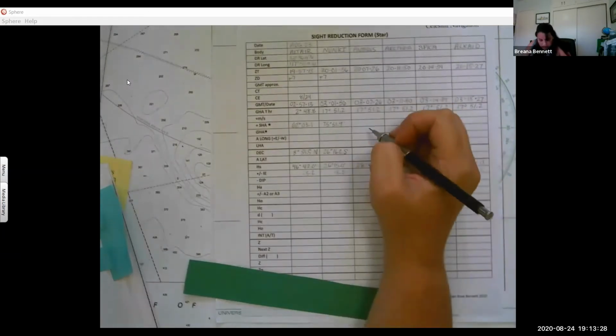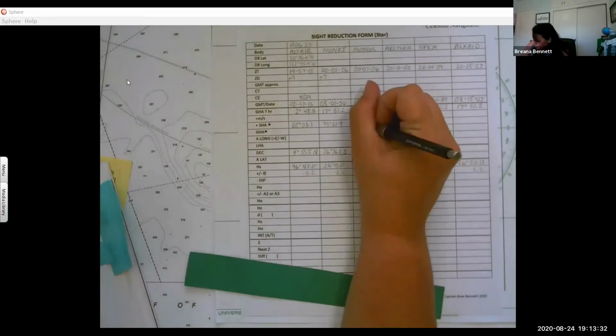And Antares, 112 degrees, 21, and south, 26 degrees, 8.6.